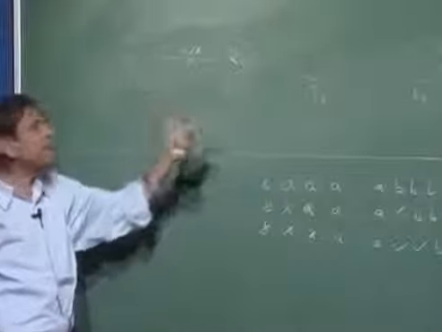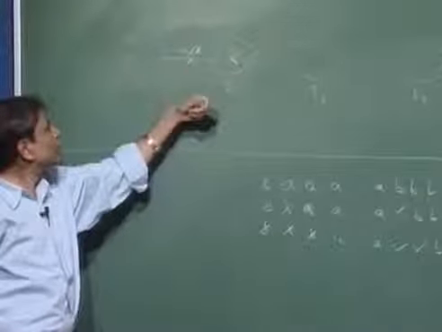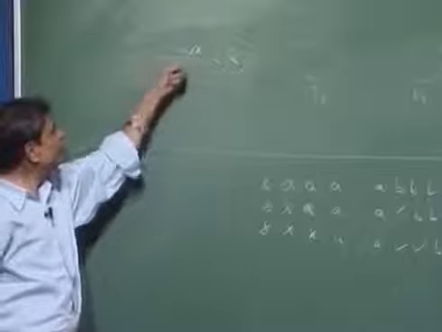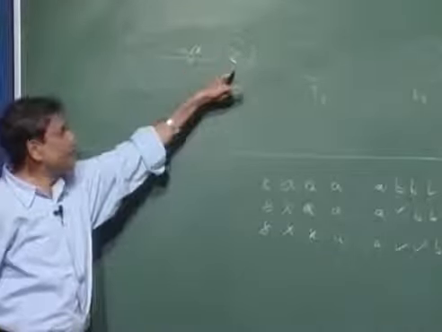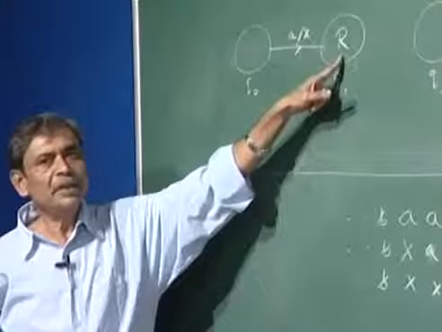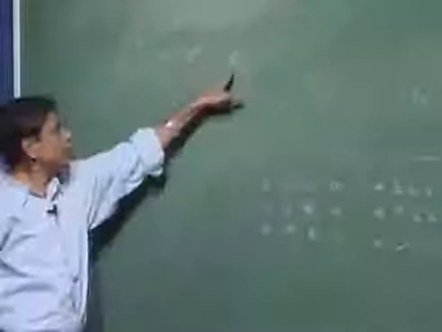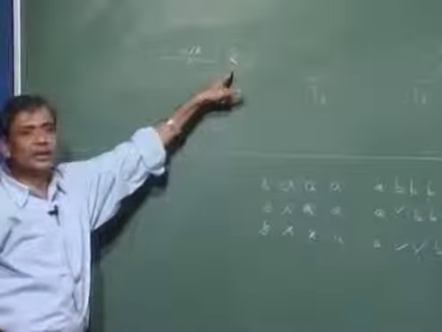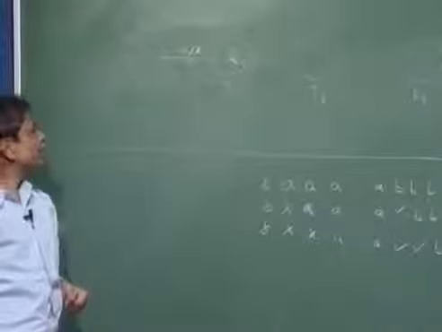So, you are associating a direction with the state itself, and the idea is whenever an arrow ends in that state, then that transition must follow the direction which is written inside this circle, which represents R. Fine.